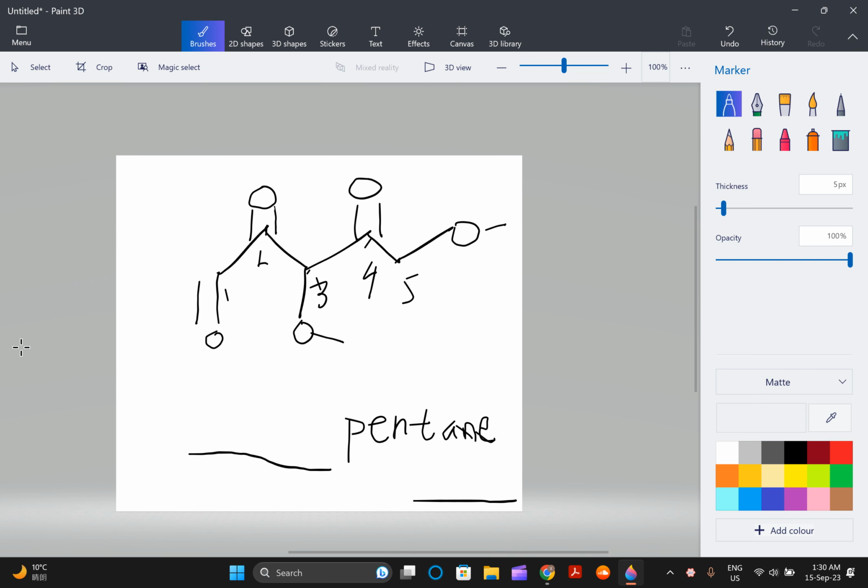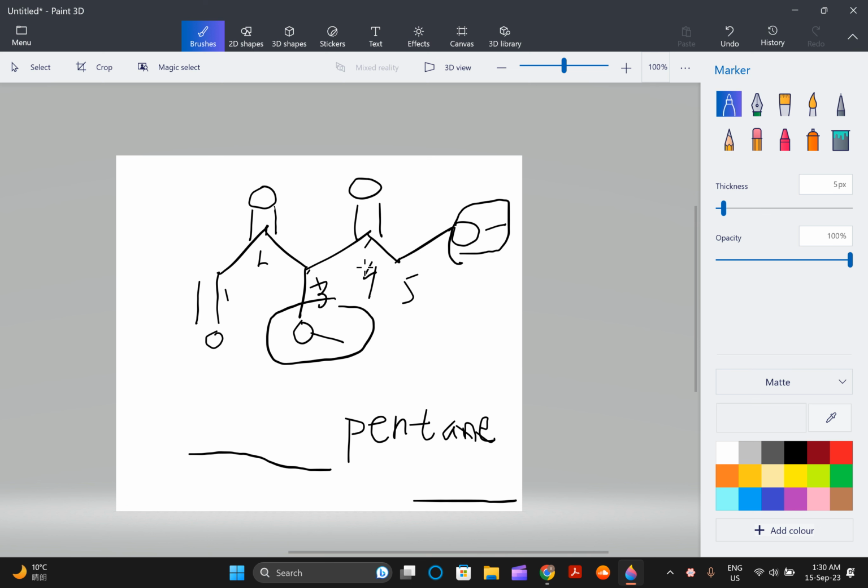So for a side chain, which are these few pieces, if we take a look, for the side chain we have this part over here and this part over here. These two parts, we call it dimethyl oxy.